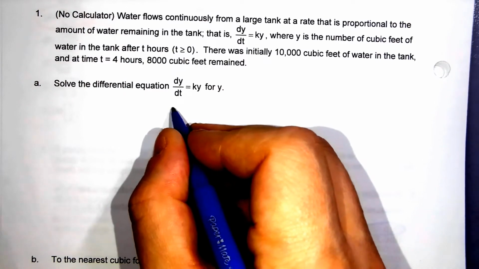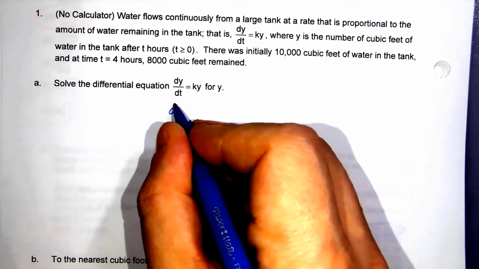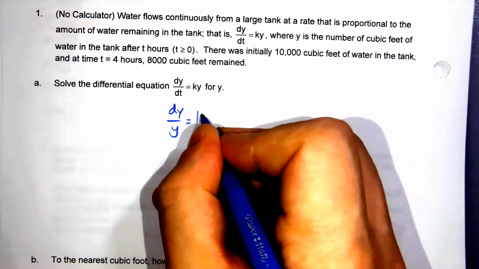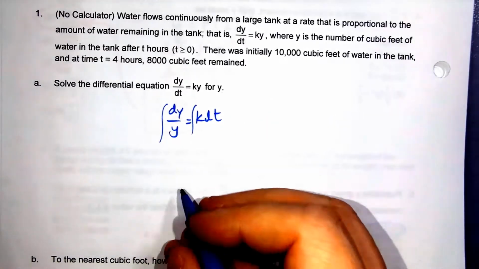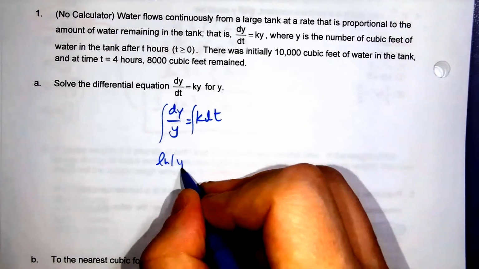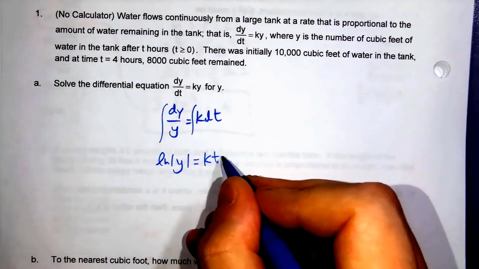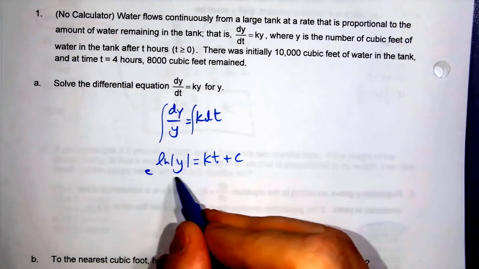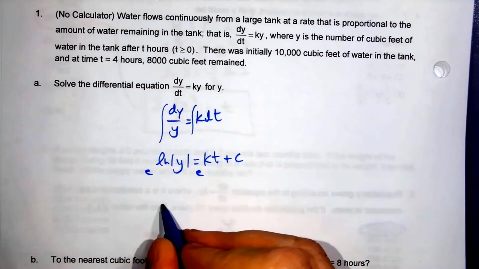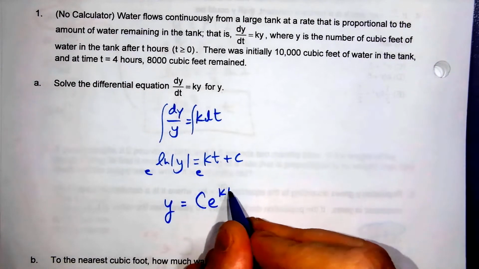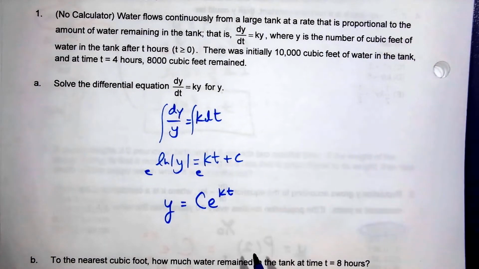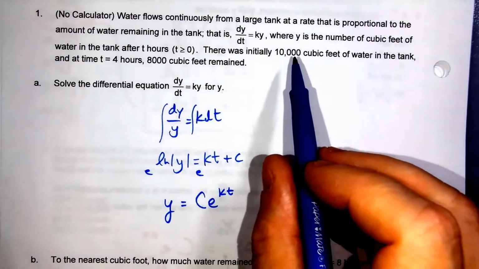So dy dt, separate our variables, dy over y equals k dt, integrate both sides, antiderive, log y equals kt plus a constant, raise e to the power on both sides, y equals some constant e to the kt, and then solve for the initial conditions and the k.